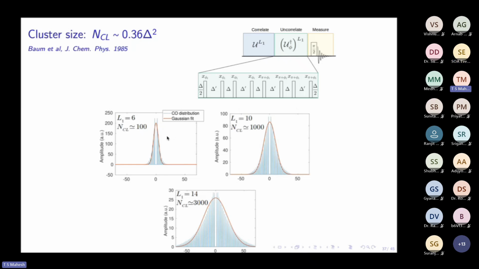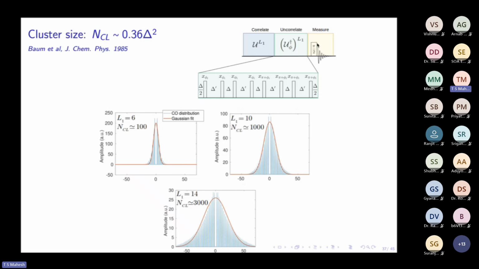So now they get entangled, and you can also measure the size of the entangled cluster. Each rectangle here is again an RF pulse, and you have this correlating set of pulses applied repetitively for L1 times, and an uncorrelating set of pulses applied again for L1 times, but with a phase shift phi.